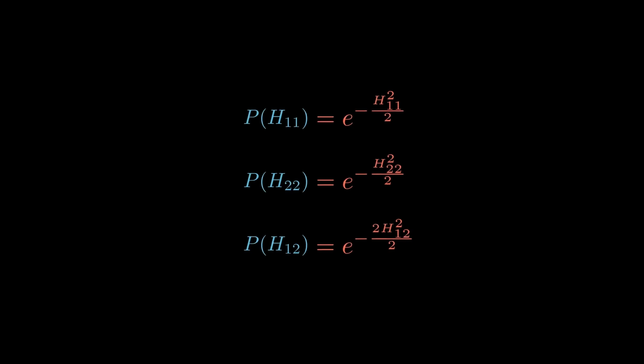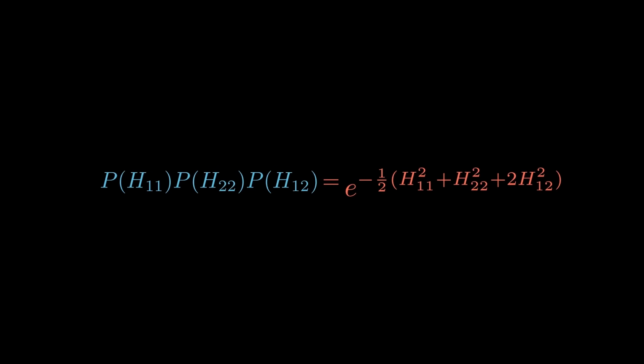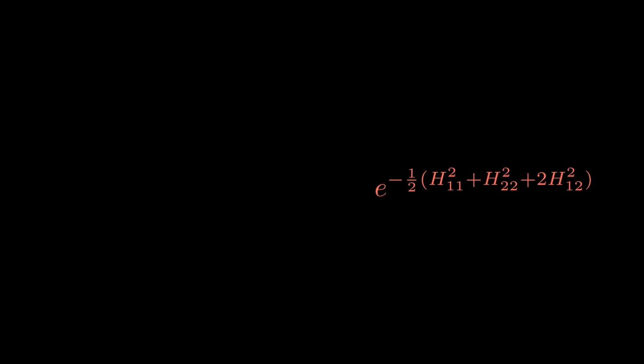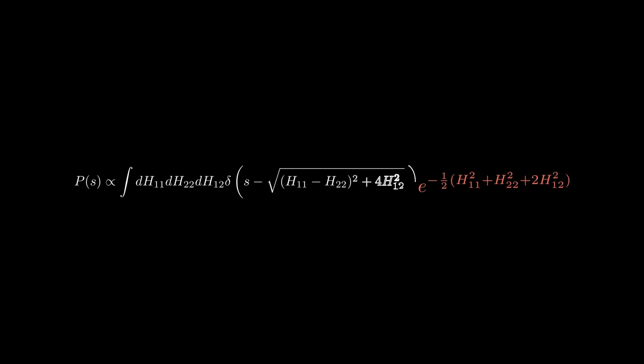And that's just because we've constrained the matrix to be real symmetric. You can think of it as a constraint on the off-diagonals, so their variance is a little smaller. Okay, this is a good place to pause the video and try to figure out how to solve this integral. And if you're not in the mood for it, then don't worry, we'll do it together now.